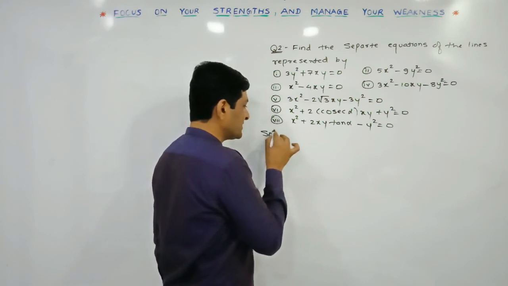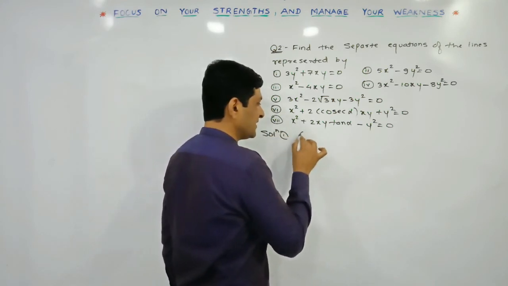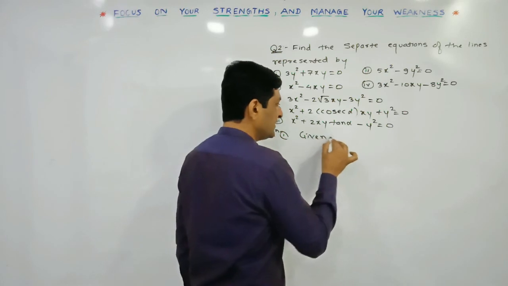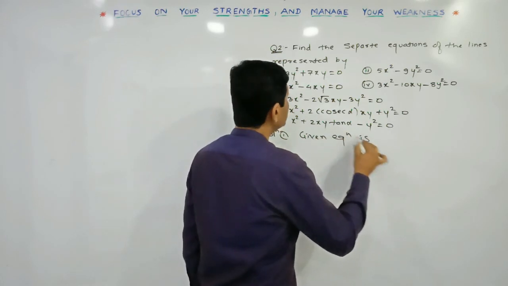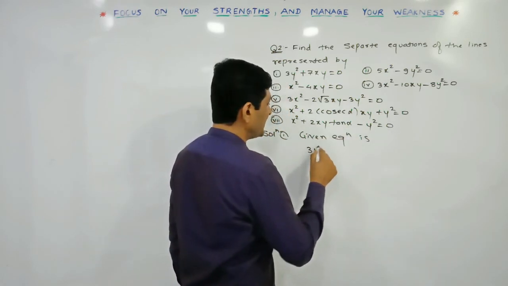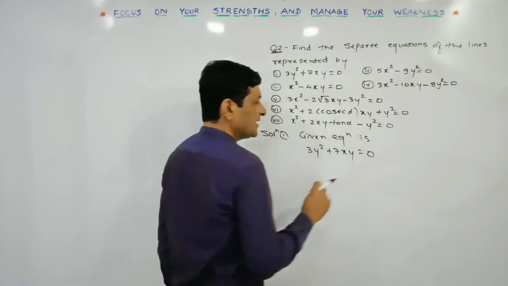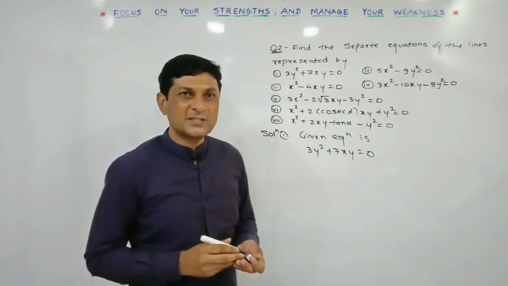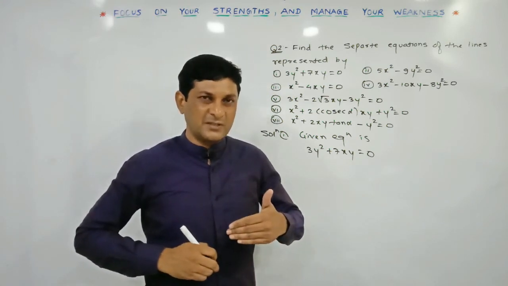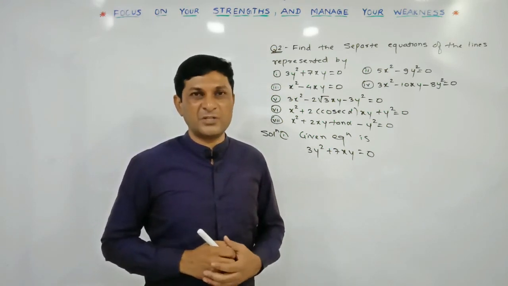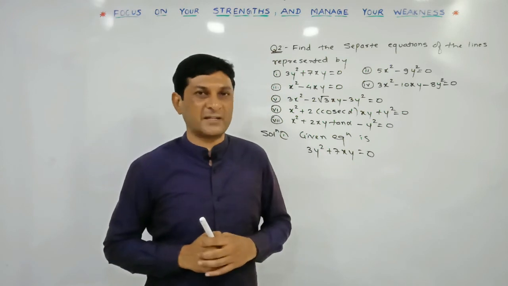In the first example, first consider the given equation. The given equation is 3y square plus 7xy is equal to 0. Whenever we are using a method to solve the equation, our first priority is factorization.